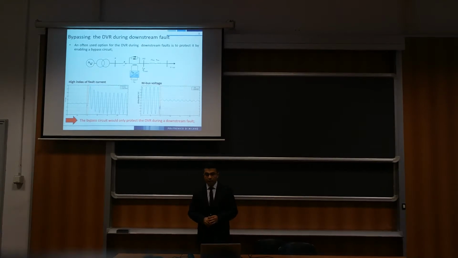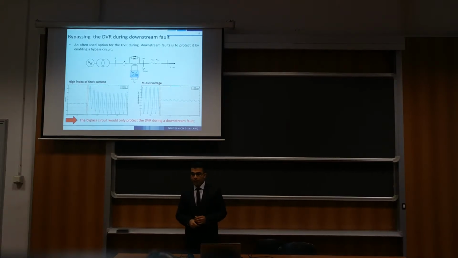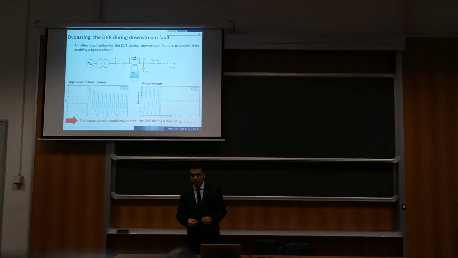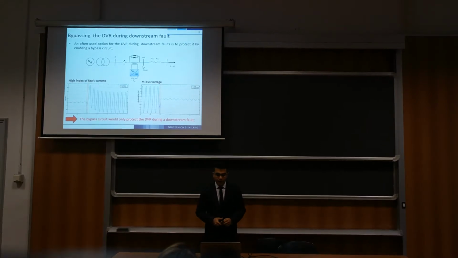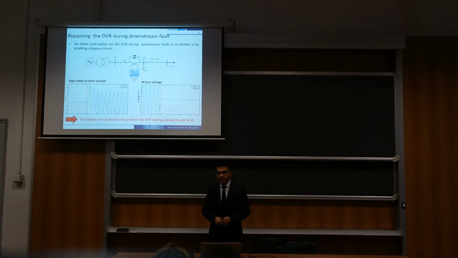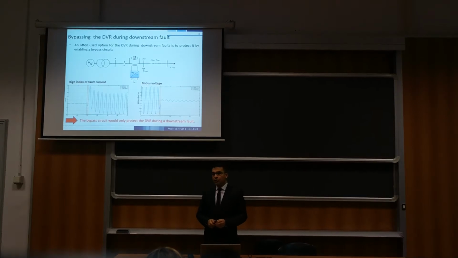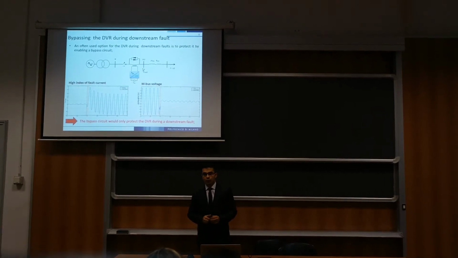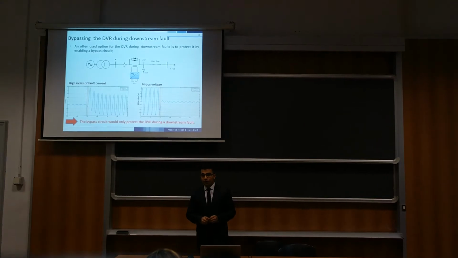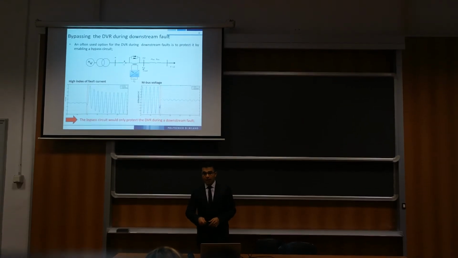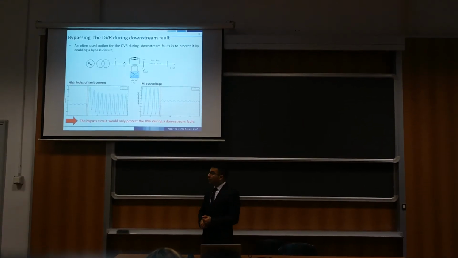Now, a DVR is inserted into the same network. An often used option for a DVR during downstream fault is protecting it by enabling a bypass circuit. It's a trivial conclusion that the bypass circuit would only protect the DVR and allow a large fault current to flow in the feeder, which results in considerable voltage drop at the upstream buses.